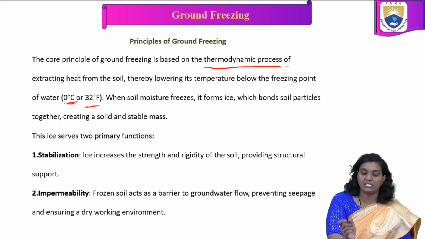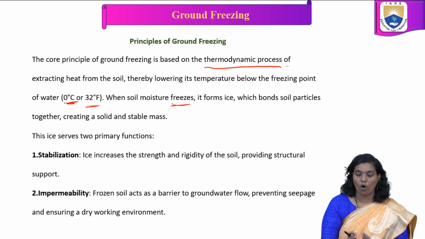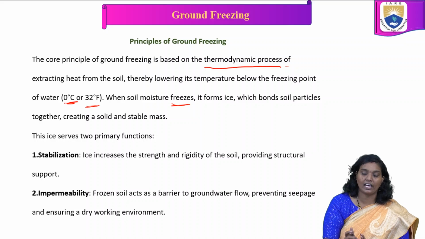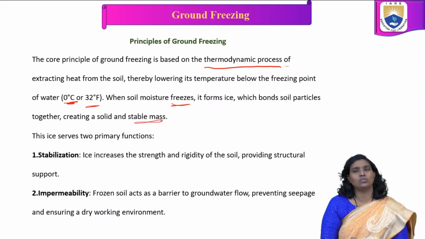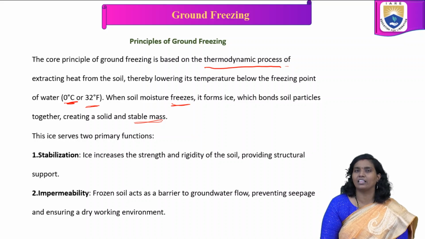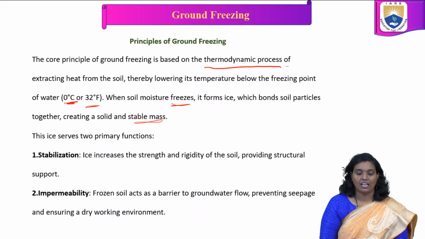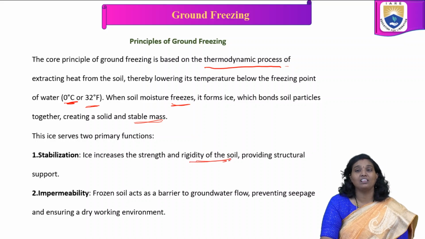When soil moisture freezes, it forms ice which bonds soil particles together, creating a solid and stable mass. Ice serves two primary functions: stabilization and impermeability. In stabilization, ice increases the strength and rigidity of the soil, providing structural support.